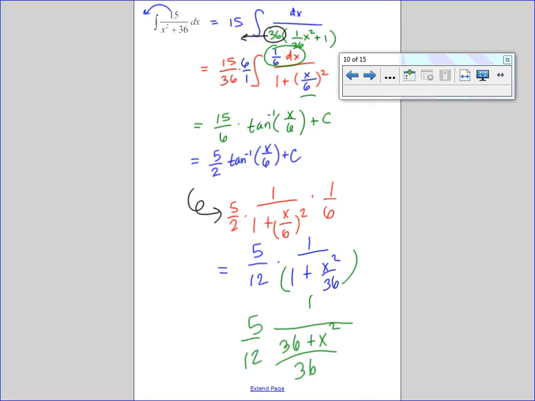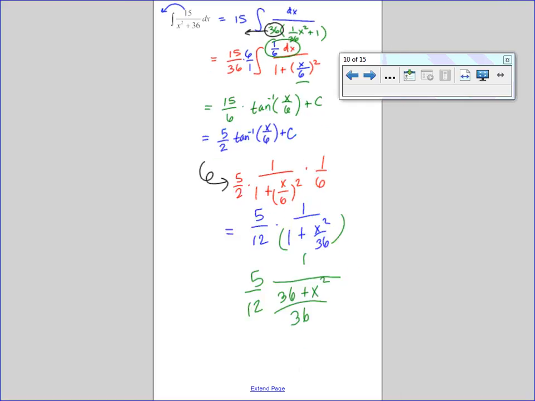And dividing by a fraction is the same as multiplying by the reciprocal. So this 36 goes up on top. And what's 36 divided by 12? Times the 5 on top is 15 over. Killing it. Killing it all day, every day, 24/7, 365.